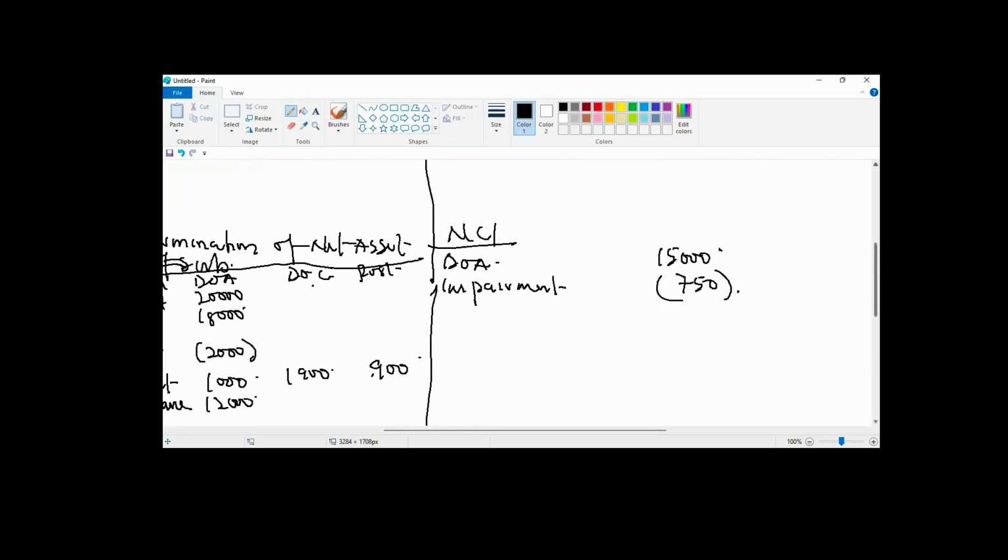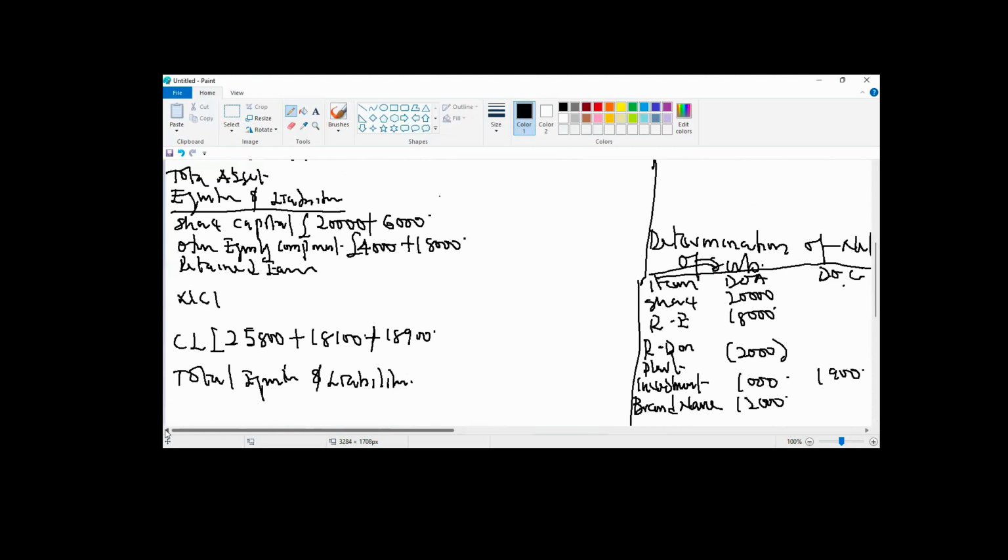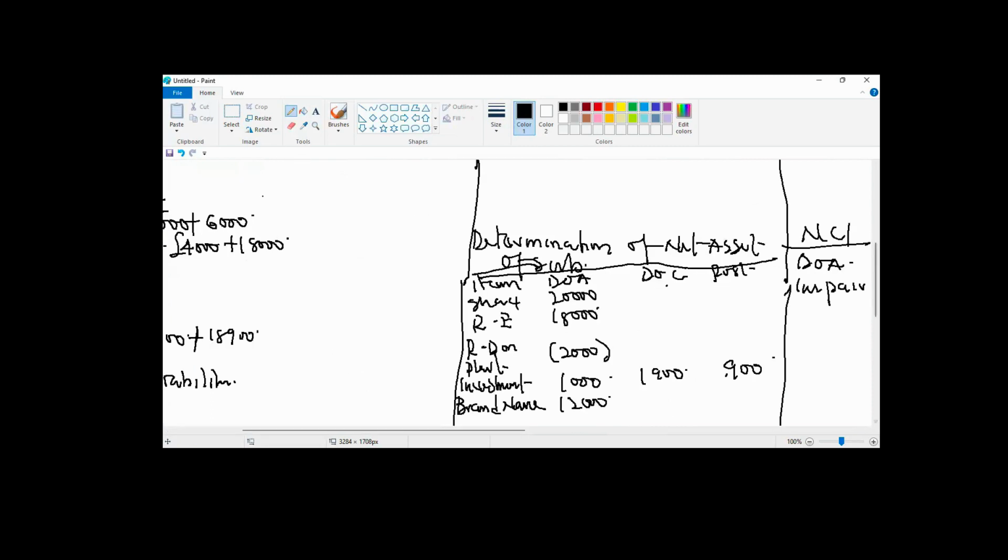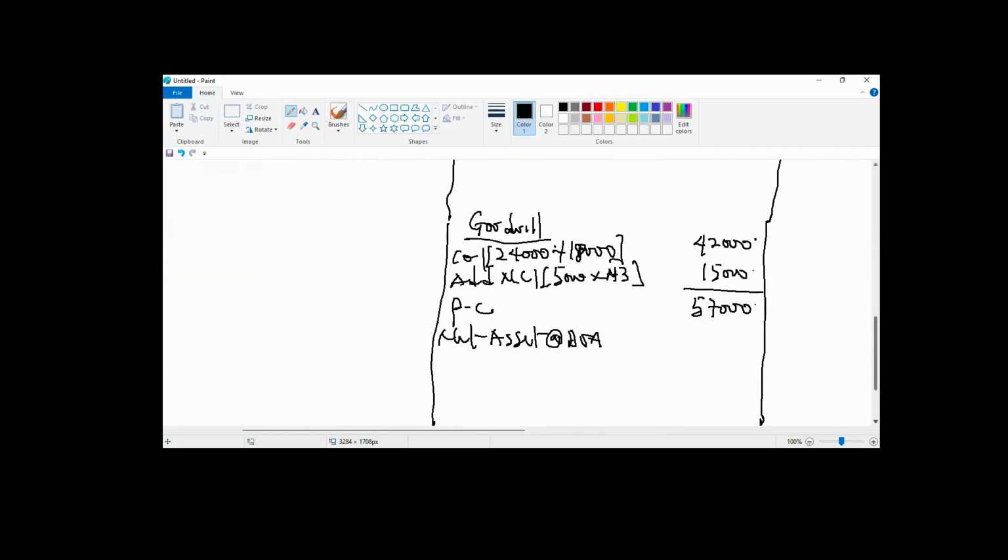I'll go and credit the goodwill, even though I've not got the value. Where's my goodwill? I'll say impairments. I've not gotten the goodwill. Impairments, 3,000.